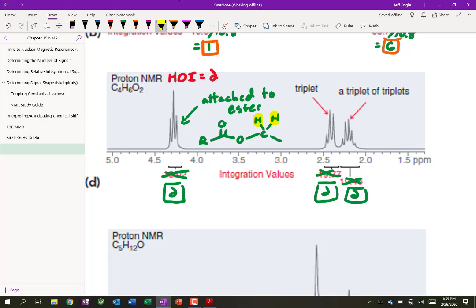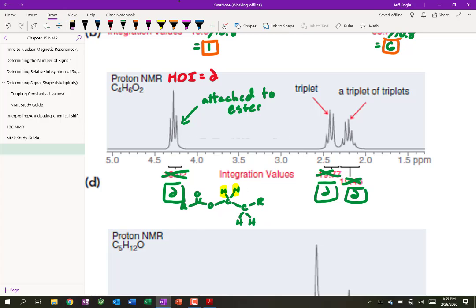Now, they're at 4.3 ppm, but they're being split as a triplet. What does that imply about the neighbor? It has 2 neighbors, right? So this neighbor can only have 2 protons on it, and then something else must be coming off this end that's not a proton. That's a really solid clue that we have so far.